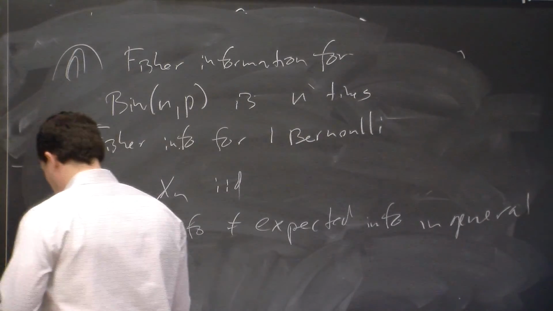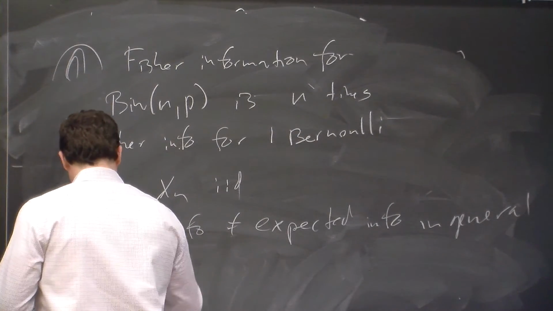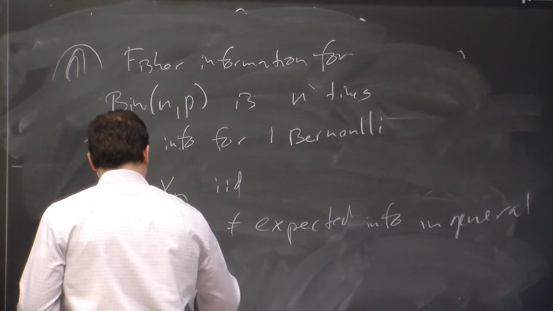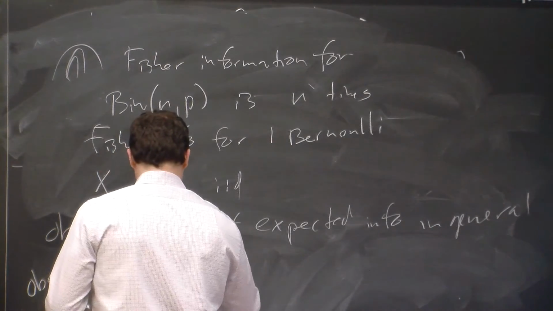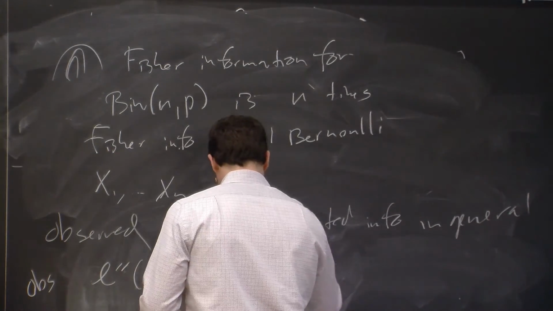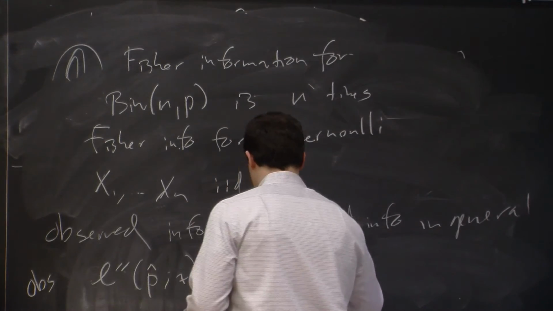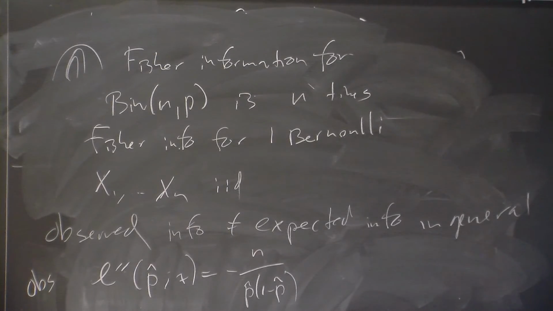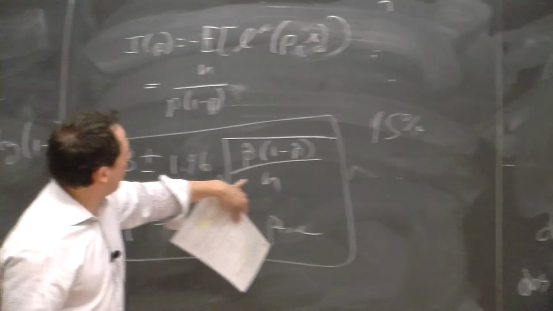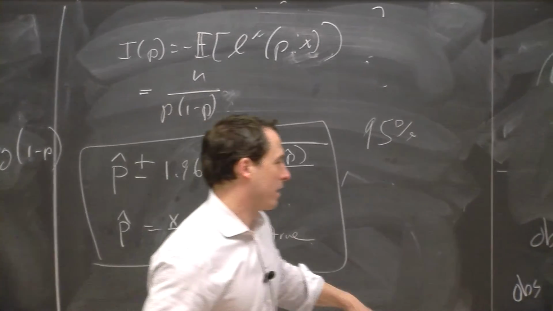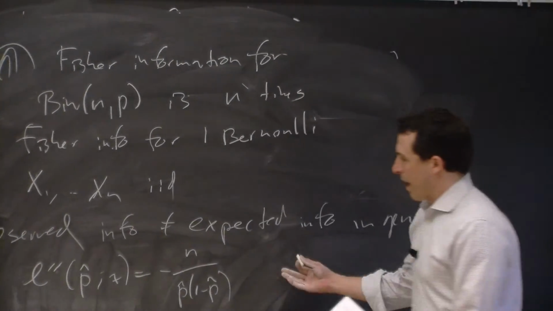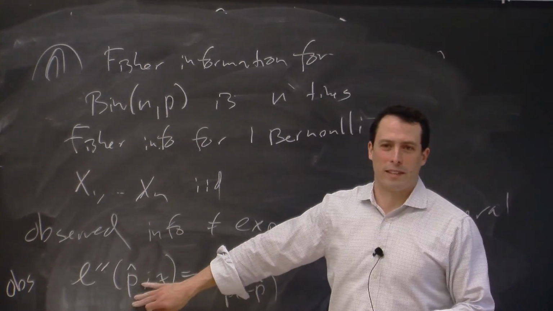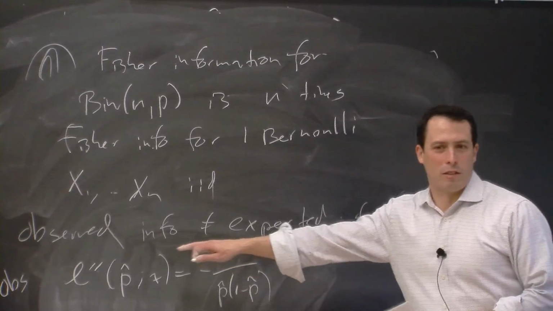So if you did observed information, which was the second derivative evaluated at the MLE, that's going to lead to the same interval we get when we go 1 over square root of that, that we got from the observed information or the expected information. Essentially, the reason for that is the degeneracy sort of comes from the fact that the maximum likelihood estimator is very simple. If it wasn't a simple estimator, these will generally be different.